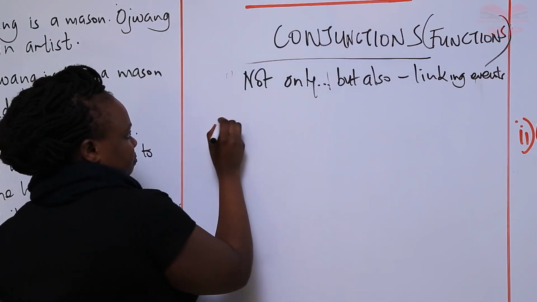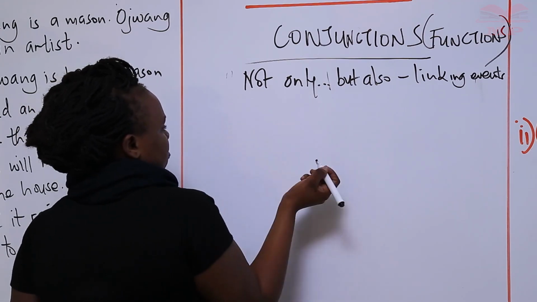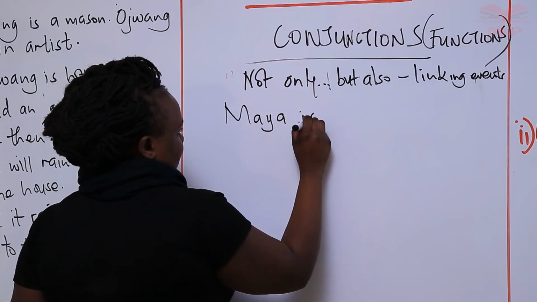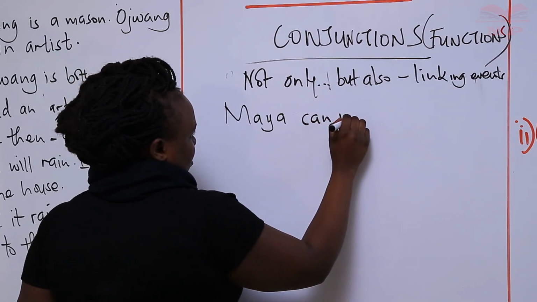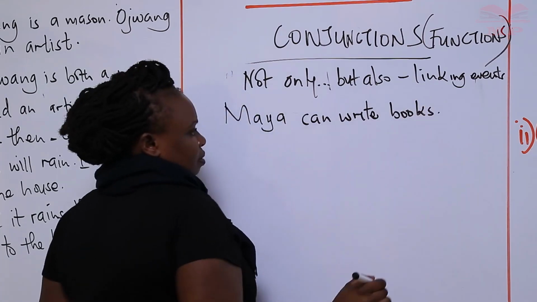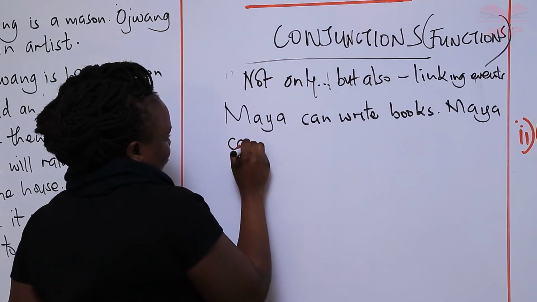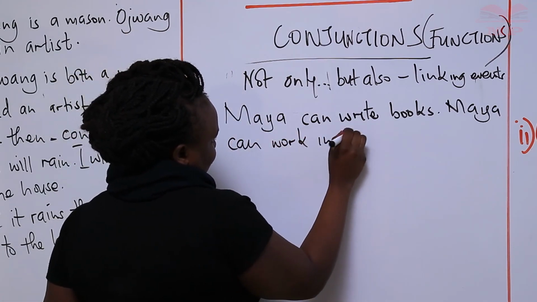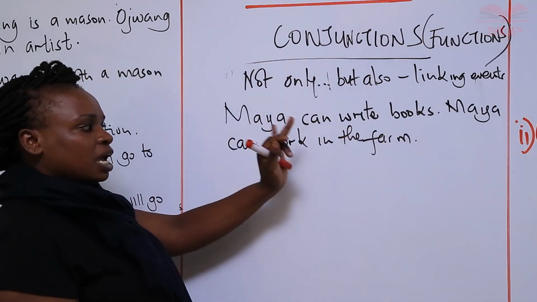So you can say, okay, Maya can write books, Maya can work in the farm.